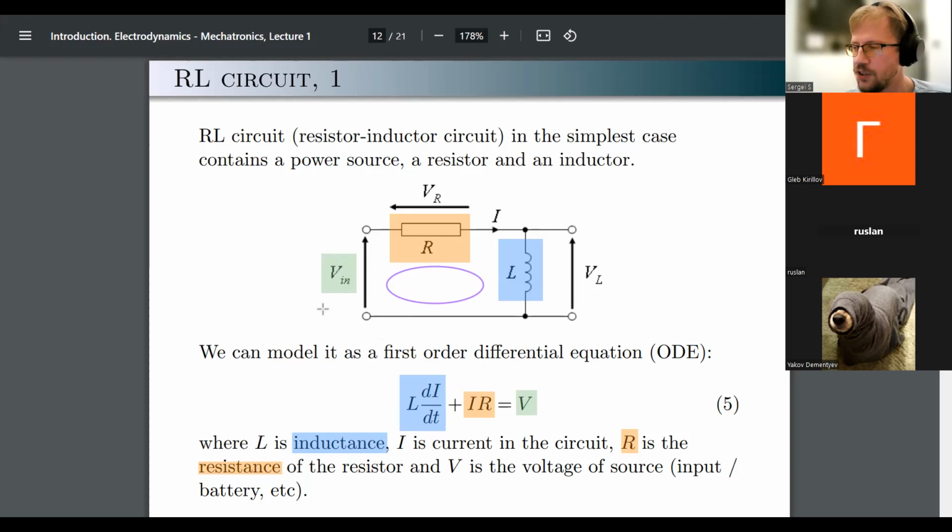If we assume that the battery produces positive voltage changes and everything else produces negative voltage changes, which has to do with the fact that they consume power and the battery produces power, then we can put the battery on the right-hand side, everything else on the left-hand side, and we get this equation. So this is basically just Kirchhoff's second law. That's what we did here. We used Kirchhoff's second law.